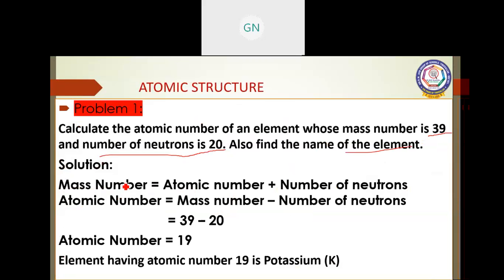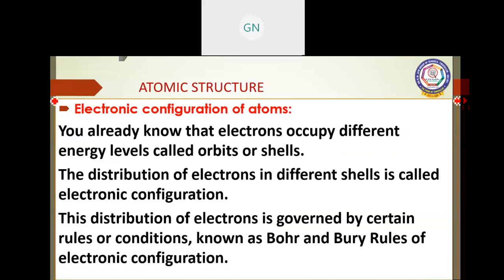Now we want only the atomic number, then only we can find out the element. So atomic number is equal to mass number minus number of neutrons. So 39 minus 20, if you subtract, you will get 19. The element having atomic number 19 is potassium. So the element name is potassium.